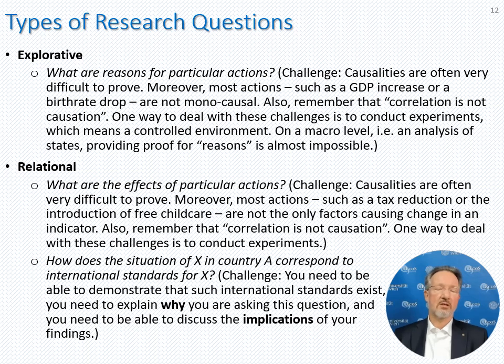The problem is, if you look at two broad topics, if you look at societies, at macro issues, it's really almost impossible to demonstrate such a causality. There are exceptions. One exception is if you try to keep all other variables constant and only change the one variable you're interested in.